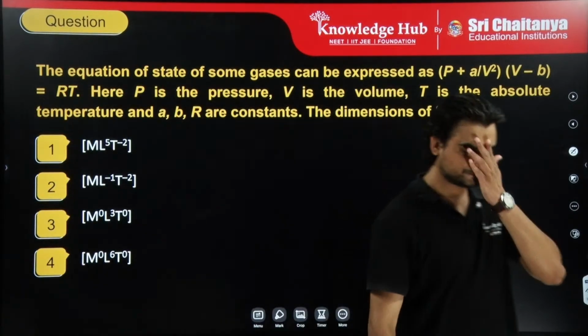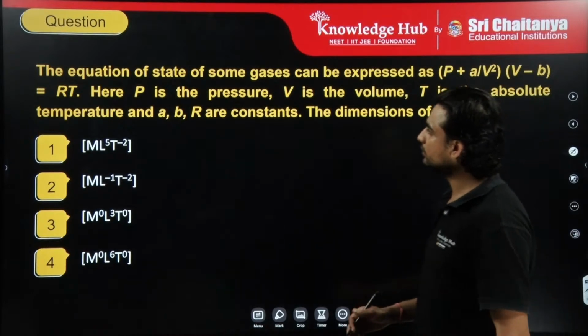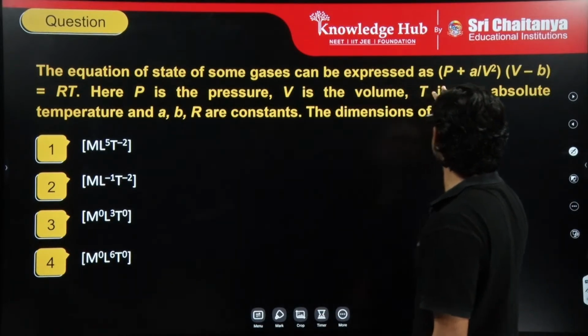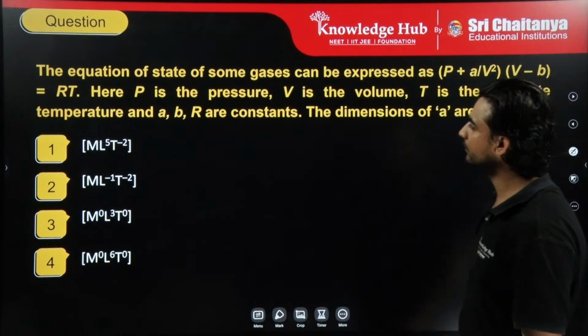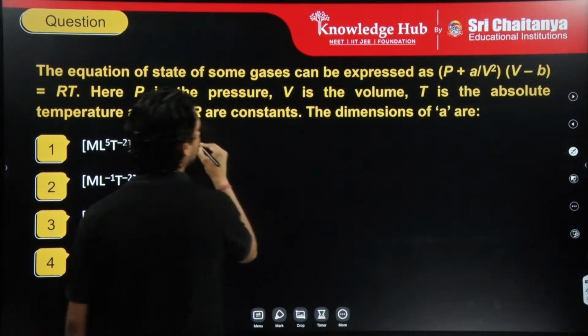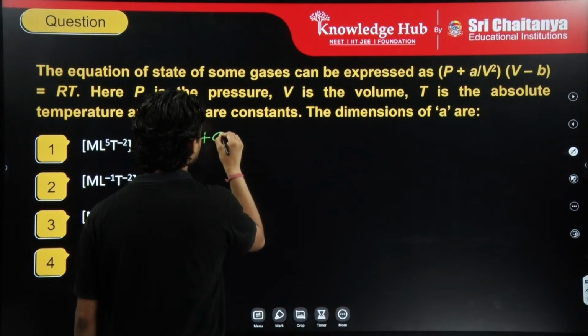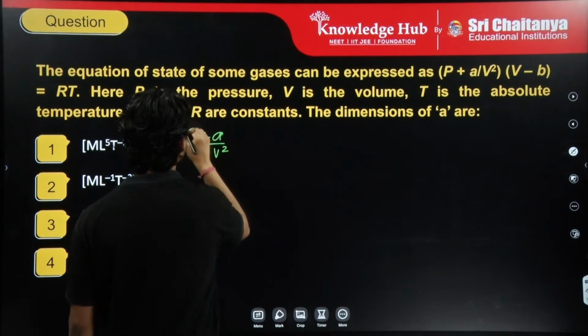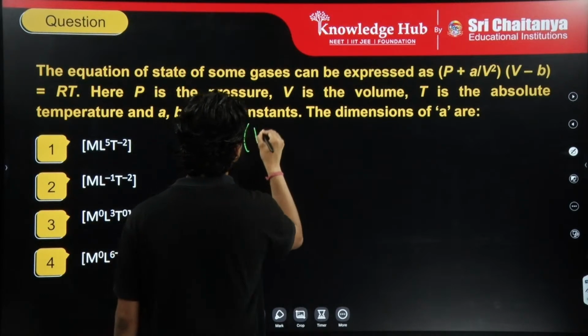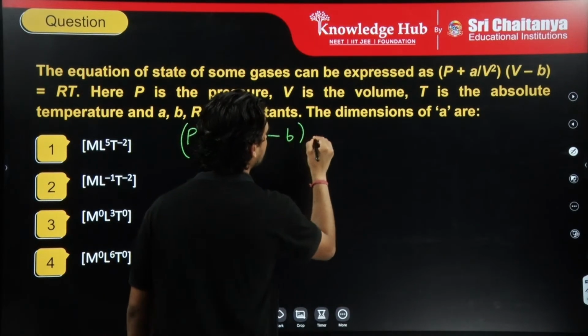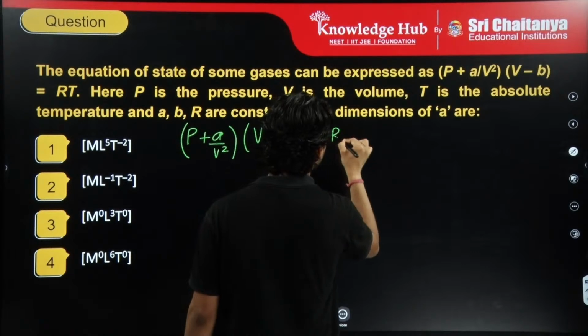Let's solve one more question. The equation of some gas can be expressed as (P plus A by V square) into (V minus B) is equal to RT.